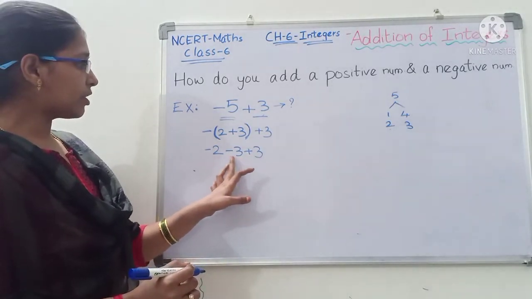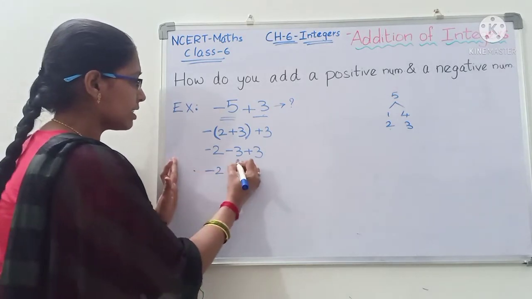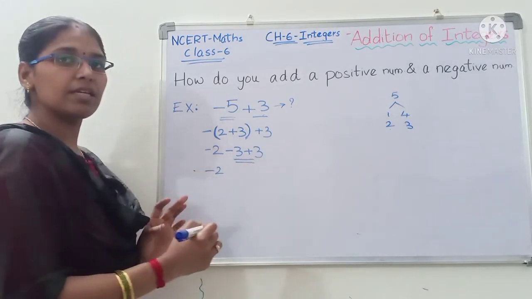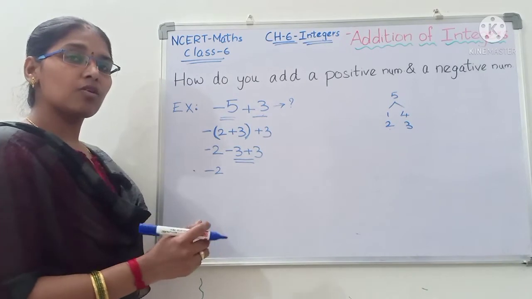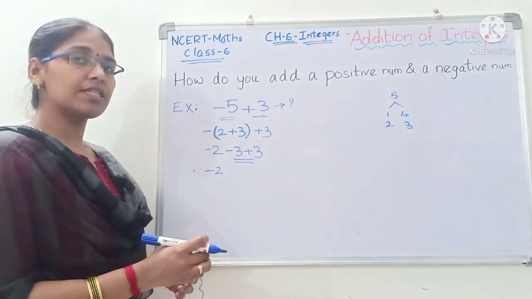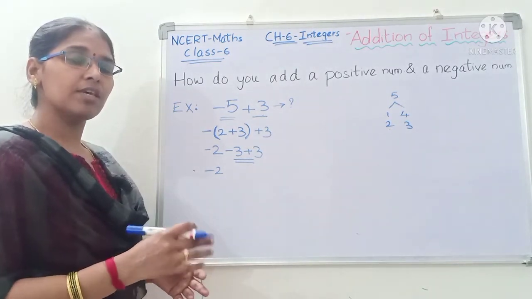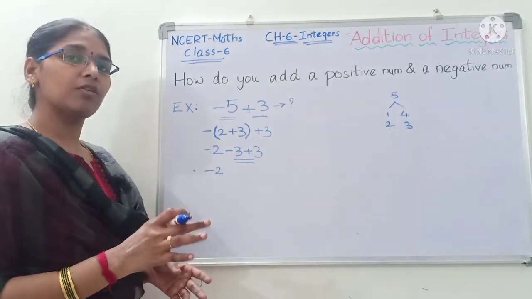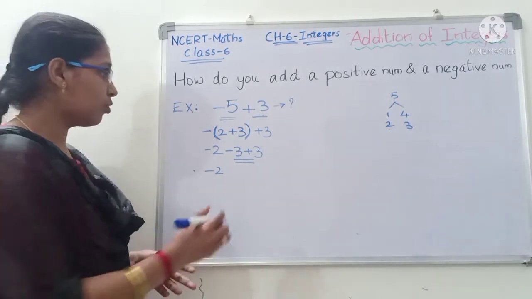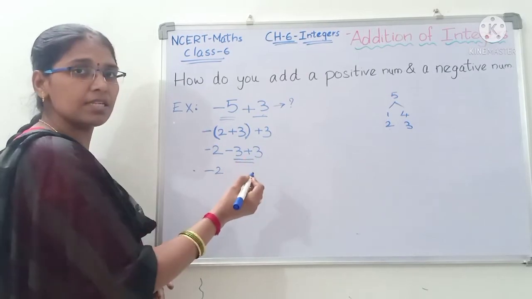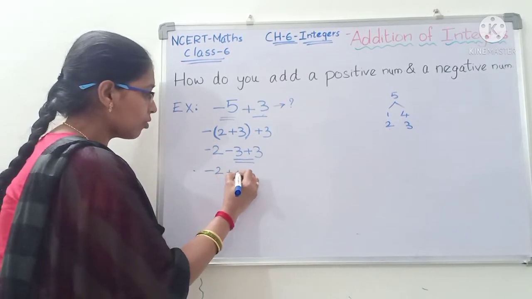So what happened, children? Minus 2 is as it is. What is minus 3 plus 3? Let's recall our UKG standard. You have 3 chocolates. You gave 3 chocolates to your friend. What will you have? You will have 0. So minus 3 plus 3 means 0.